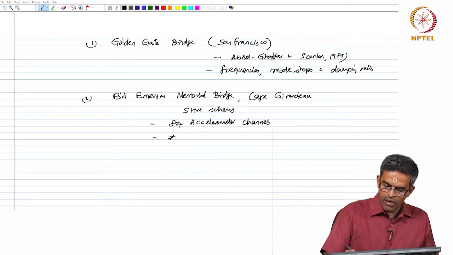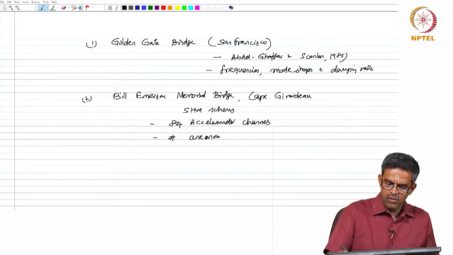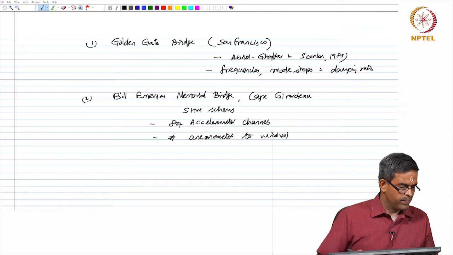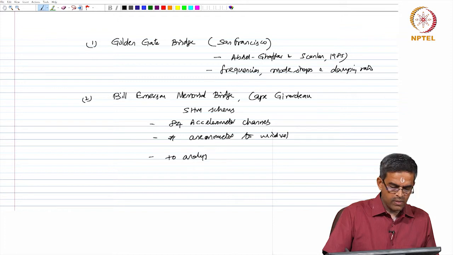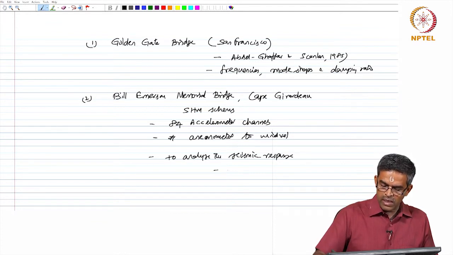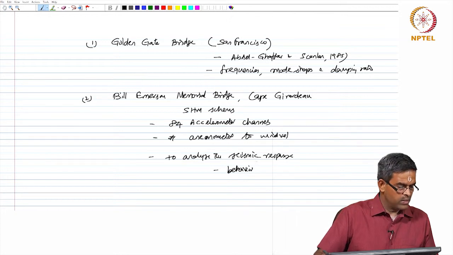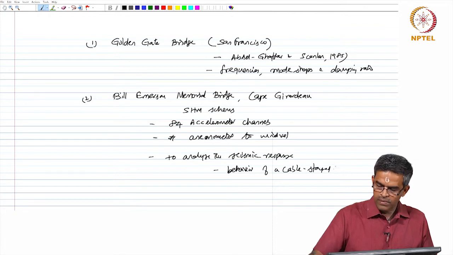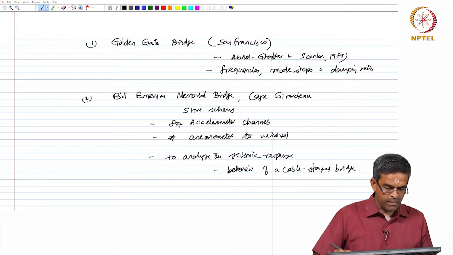There are n number of anemometers to measure wind velocity. The system was to analyze the seismic response, to understand the behavior of a cable stayed bridge, which was a new design at the time. The details can be seen in Caicedo et al. 2004.